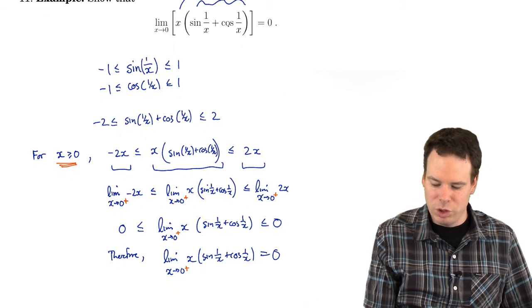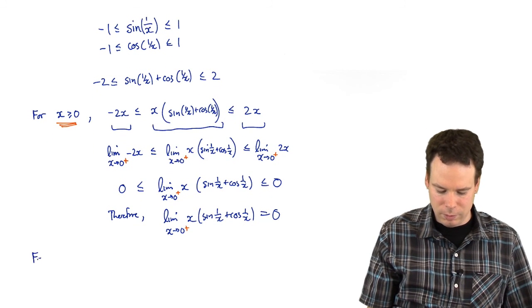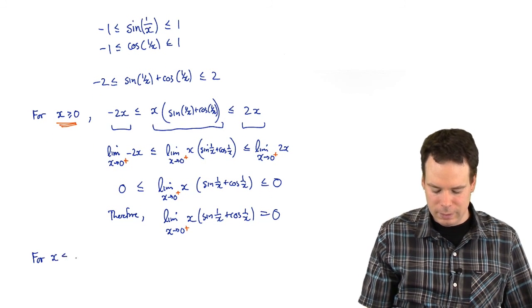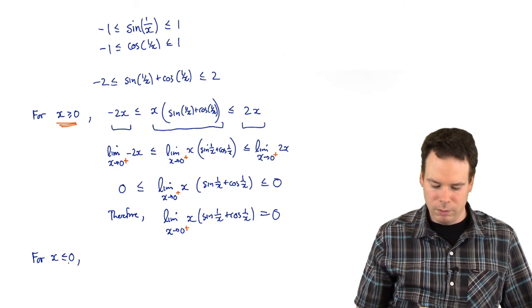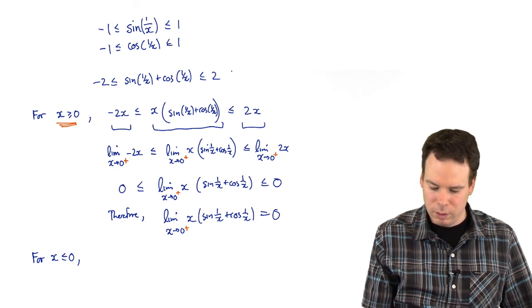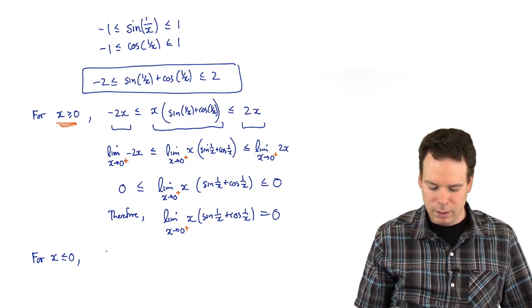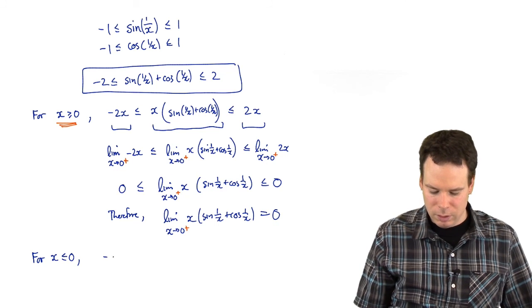We wanted to show that the general limit was 0. So we need to do the same argument for the left-hand one. For x less than or equal to 0, I can multiply through this inequality by x, but since x is negative, I have to switch the directions of the inequalities.